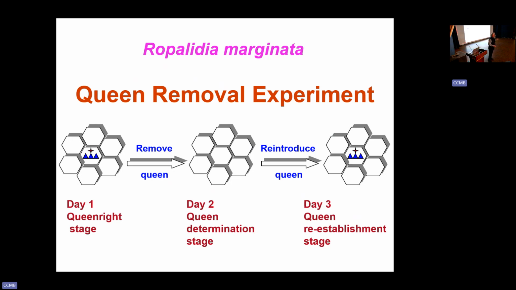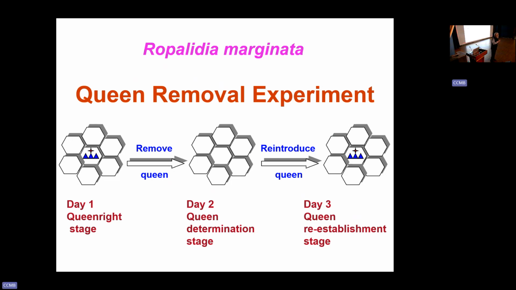Early next morning, before the wasps wake up, you take a forceps and quietly remove the queen. And then the wasps wake up and realize they don't have a queen, you study them again for the whole day, which means again you get another data matrix of the time activity budgets and the frequency of each behavior in the absence of the queen. That will tell us how this happens.